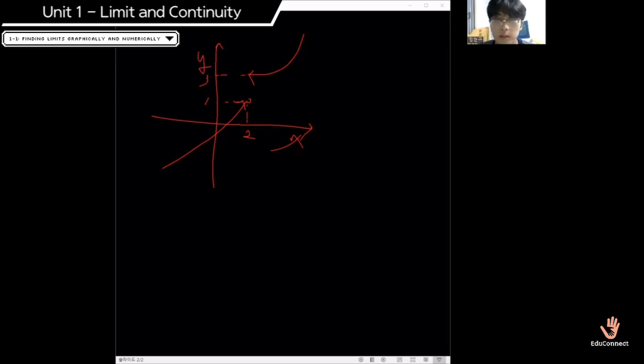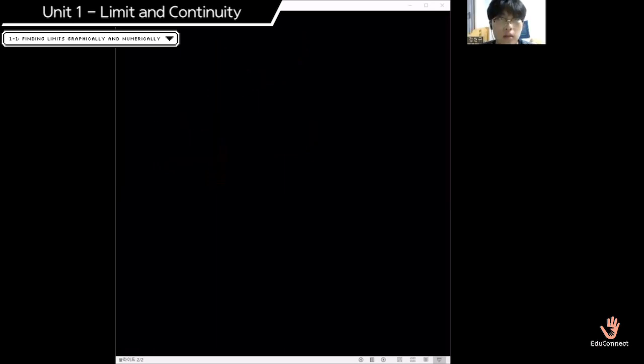Now, let's look at the limit as x approaches 0 of sine of 1 over x. Let's first look at the table of values.